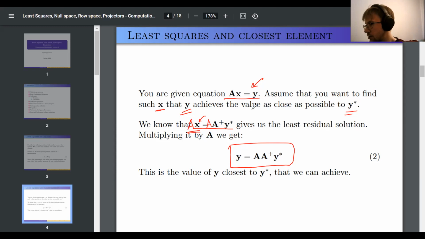But if there is a residual here, then y wouldn't be equal to y star. All right. You get the idea, right? This is a formula that allows us to find the y that is as close to y star as it can possibly be, given that y is governed by this equation.